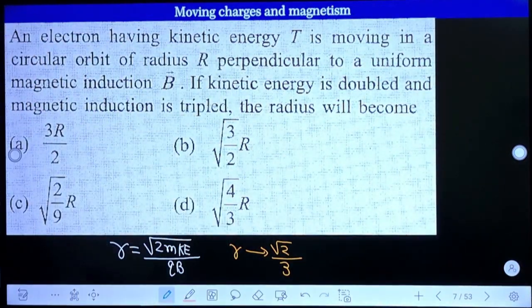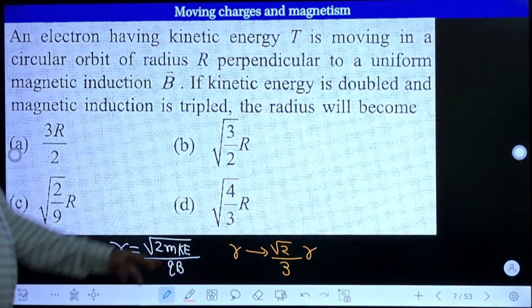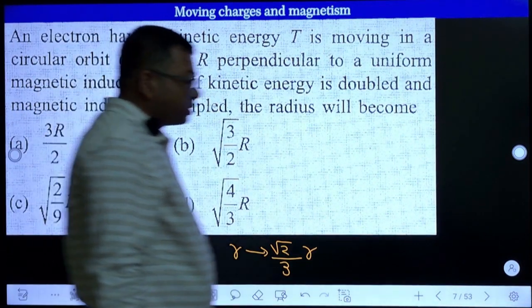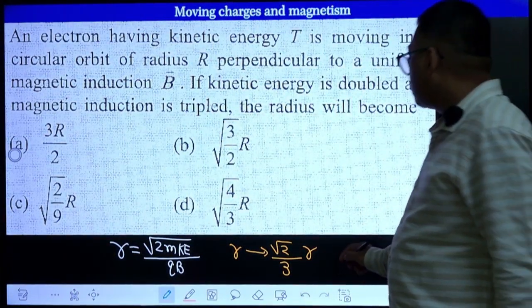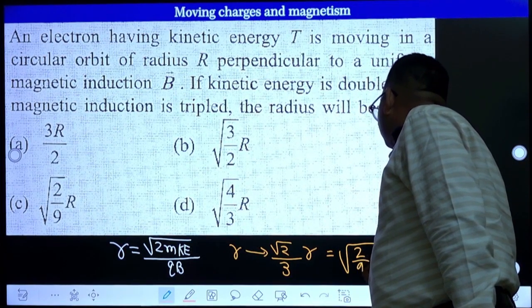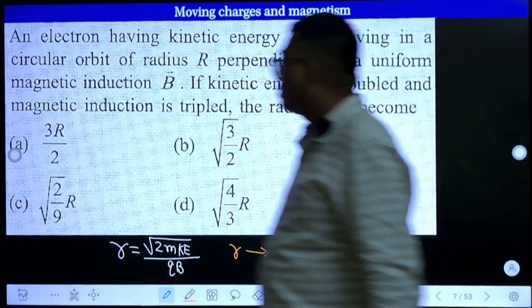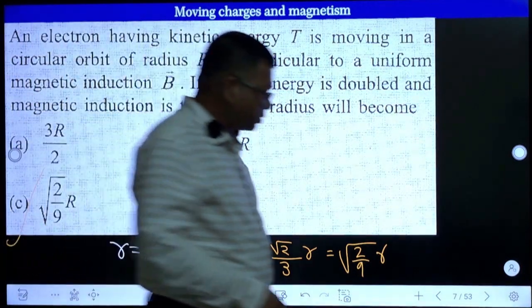Radius will become root 2 by 3 times. You check which answer is root 2 by 3. You can bring the 3 inside also, so this will become root under 2 by 9. So option C is the correct answer. Right. Let us move to the next question.